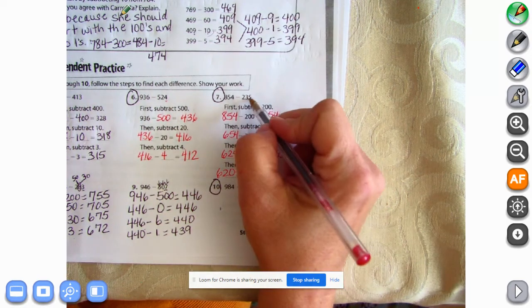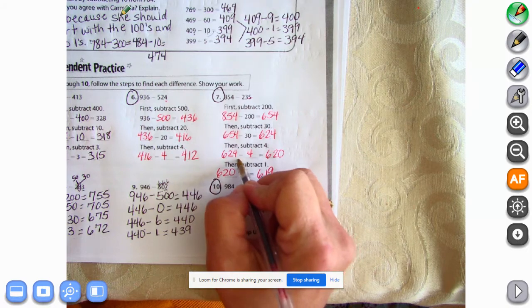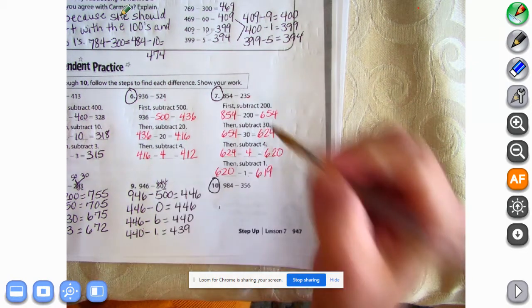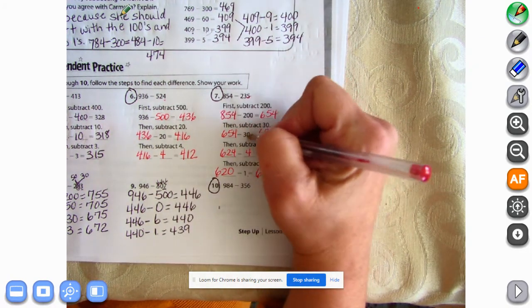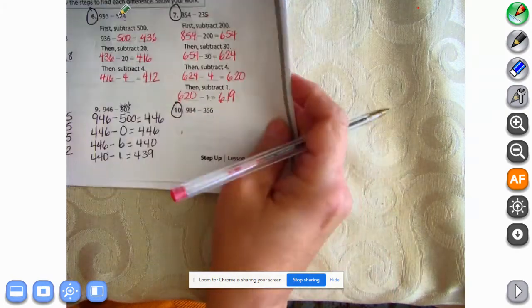So see how they broke up that 5 into a 4 and a 1? Because there was a 4 here in the ones place. So when we look at the number 235, we subtracted the right amount.